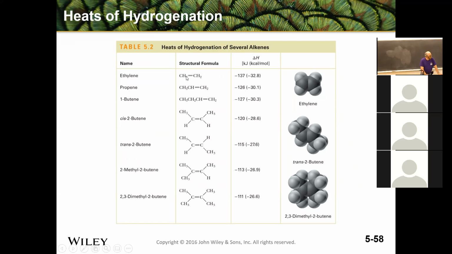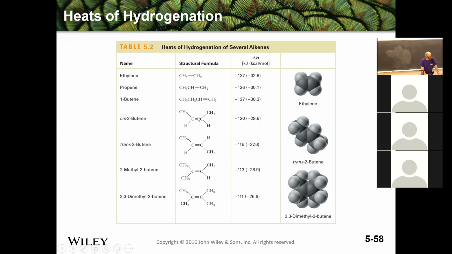If we replace one of those hydrogens with a methyl, the heat of hydrogenation went down. So that tells us that propene is more stable than ethylene. An ethyl has almost the same effect as a methyl, so 1-butene is about the same as propene.